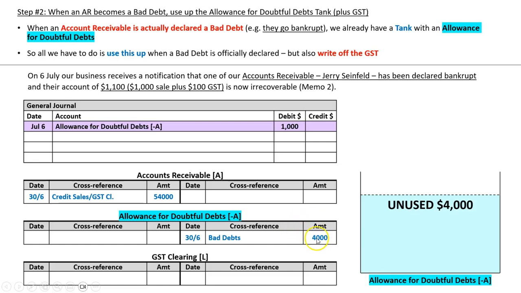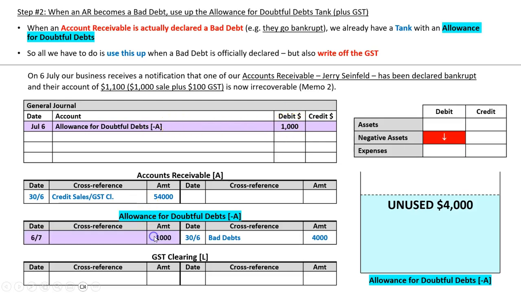If to increase allowance for doubtful debts was a credit, to decrease it is a debit. So that makes it go down. A negative asset goes down on the debit side. And what that does is it uses up $1,000 of this tank, because I planned for it. I planned that $4,000 of sales would not repay. And now $1,000 of that isn't going to repay.